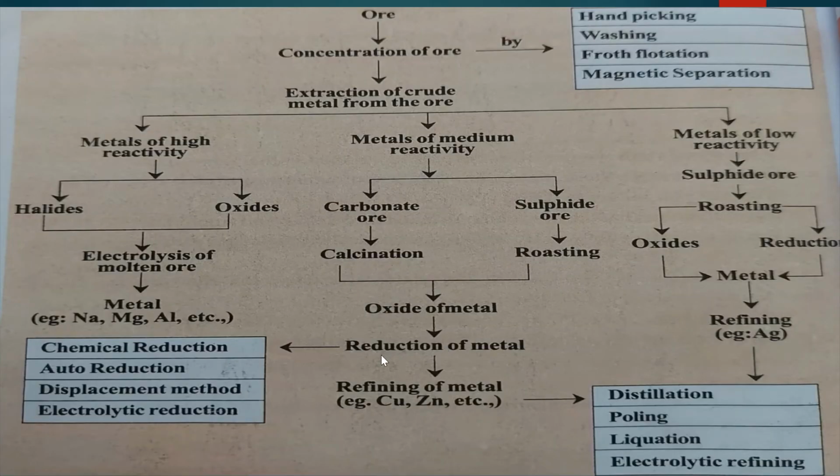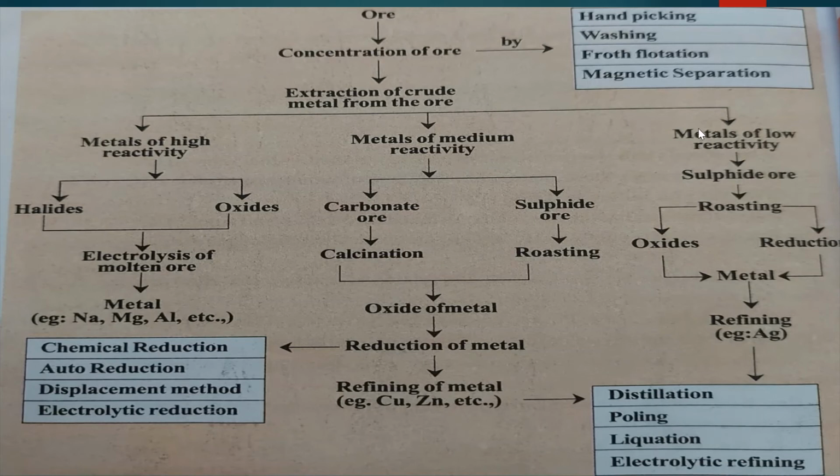This can be done by chemical reduction, auto reduction, displacement, or electrolytic reduction. Then the metal is subjected to refining, and thereby we get copper, zinc, iron, and lead, which are metals of moderate reactivity.